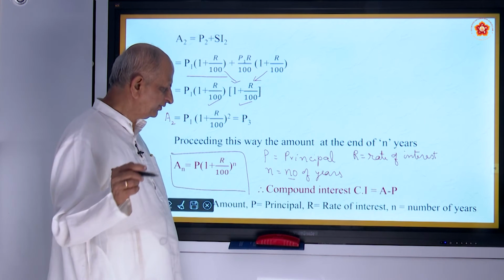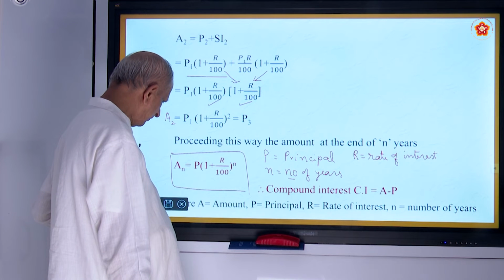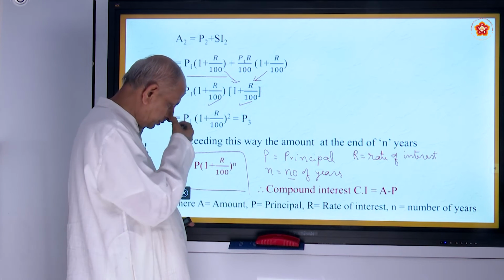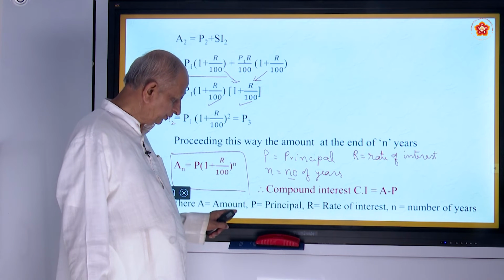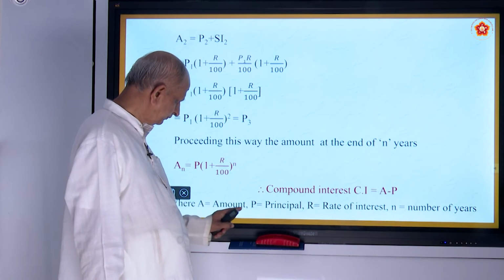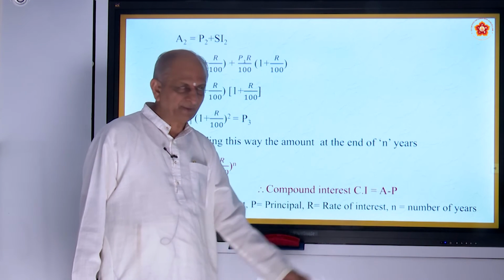We have found out a simple formula, for what? Formula for the amount. Okay, A is amount, P is principal, R is rate of interest, N is number of years.